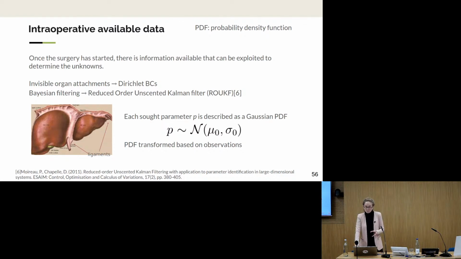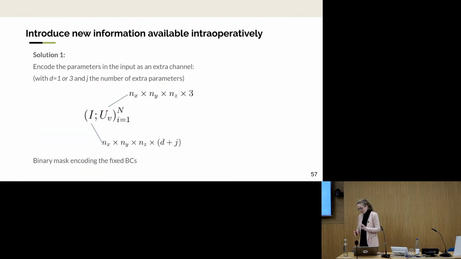So once these parameters are identified with one of these methods, for instance, we could imagine including them in the network as an extra channel in the input.